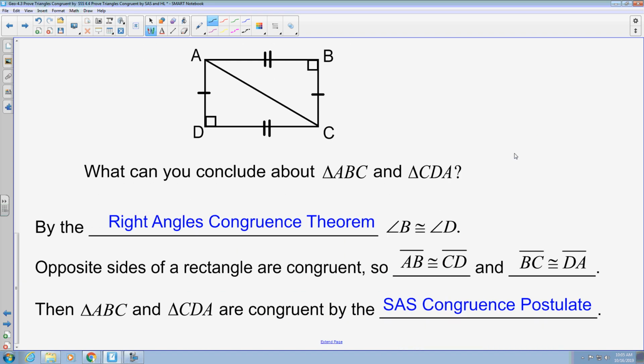So looking here, it says, what can you conclude about triangles ABC right here, and triangles CDA. So if you look at the statement below the diagram, it says by the right angles congruency theorem, we could say that angle B is congruent to angle D. So they both have right angles on there.